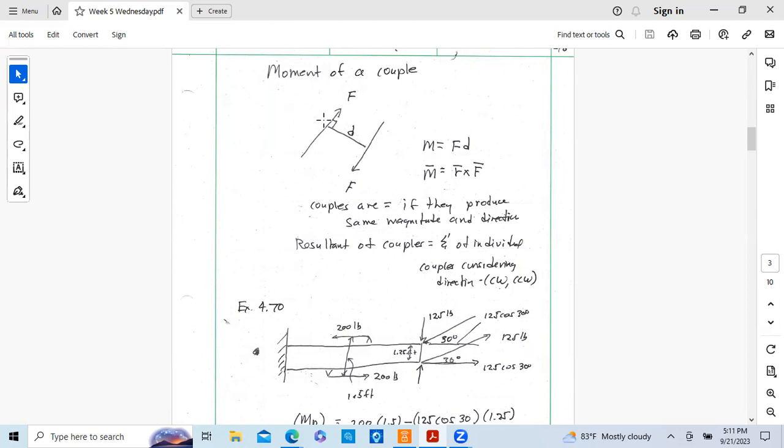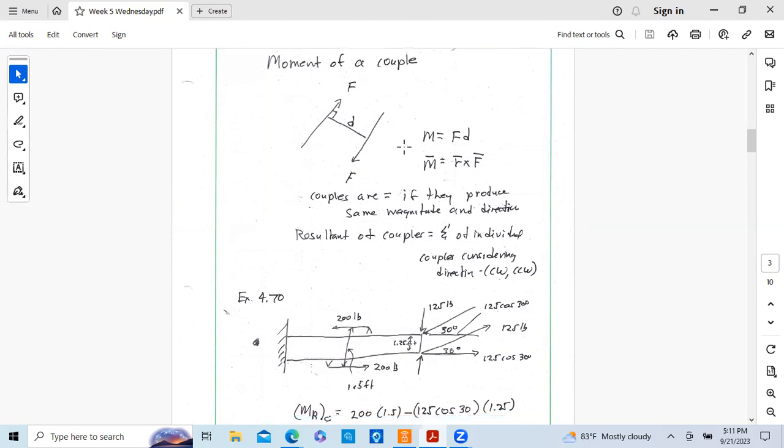It's rotating in the clockwise direction. And the magnitude of that moment is the force times the perpendicular distance. Or you could write it as vector quantities, M is equal to r cross F. I'll show you that also.